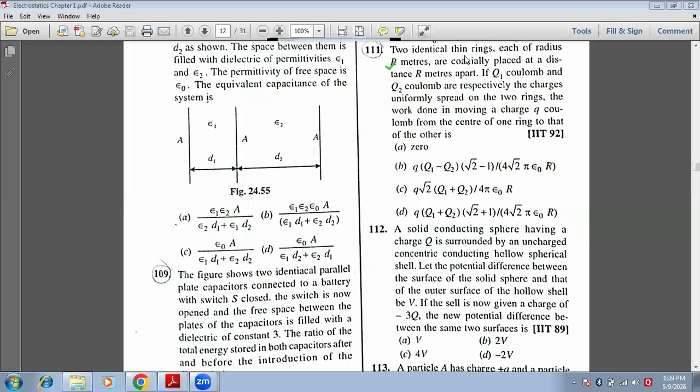Two identical thin rings, each of radius capital R meters, are coaxially placed at a distance capital R meters apart.